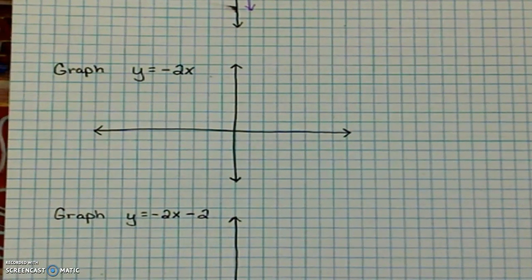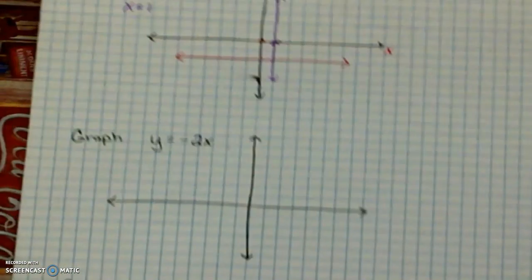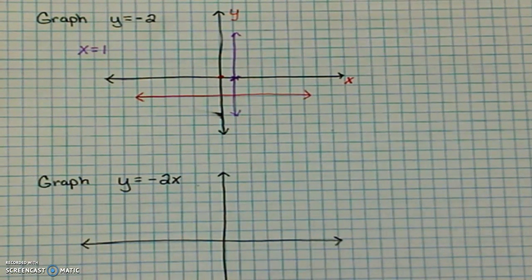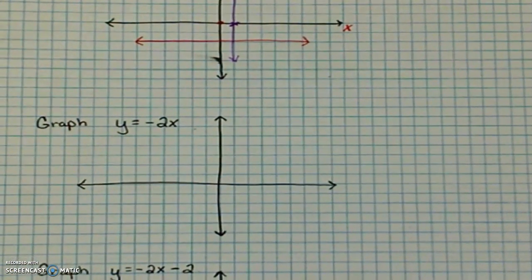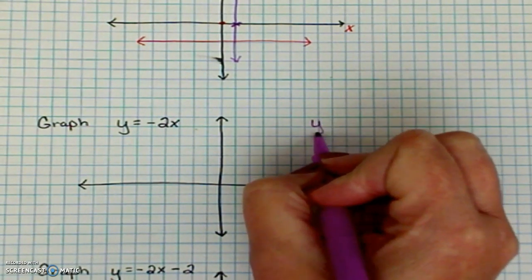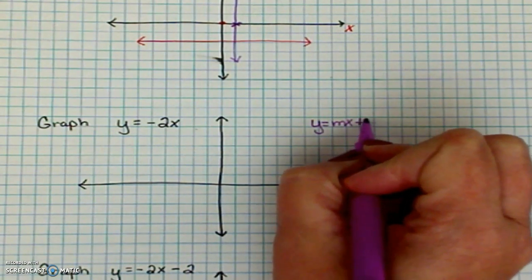Okay, so the next one, I have asked you to graph y is equal to -2x. This one is different from the previous example because I have tacked on the x value with it. When we talk about this graph, we want to remember that the general equation for a line is y is equal to mx plus b.